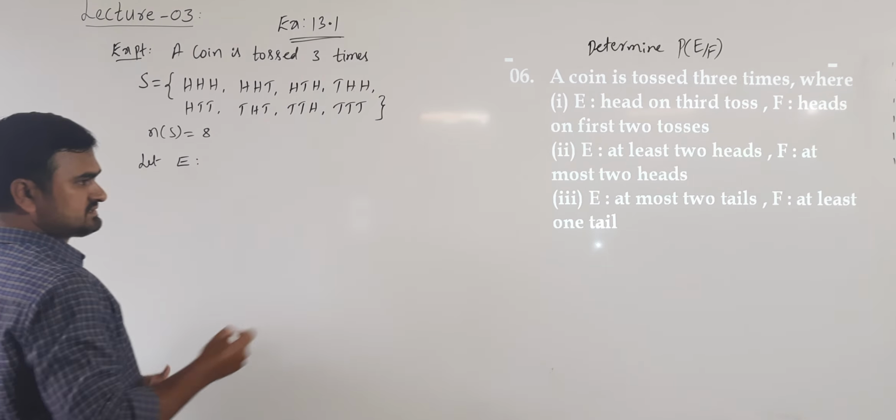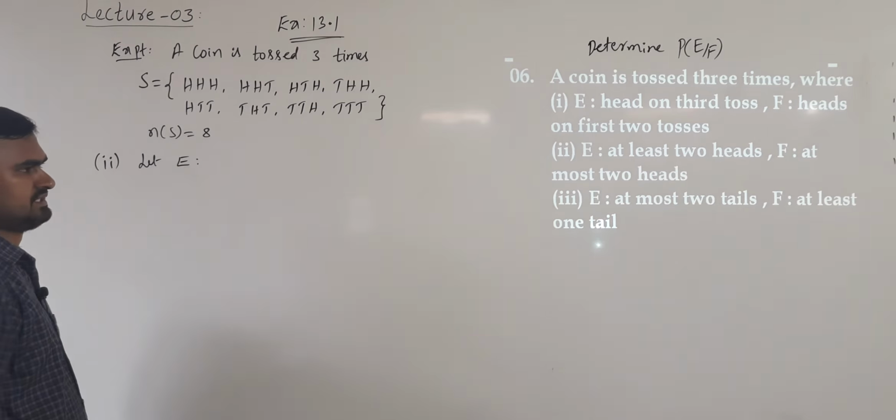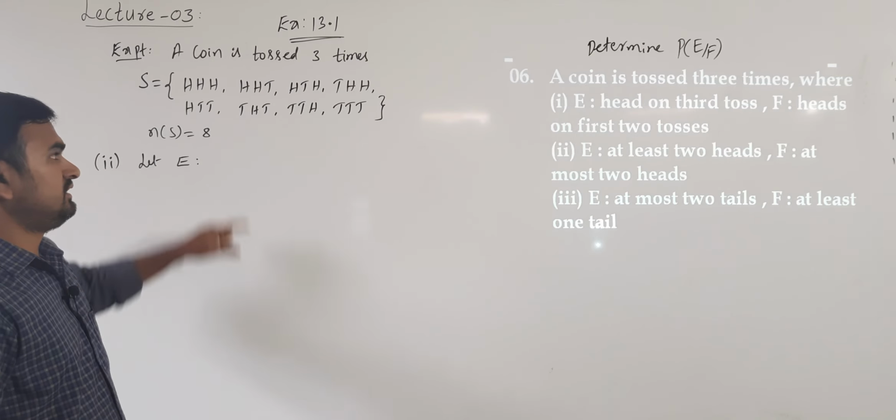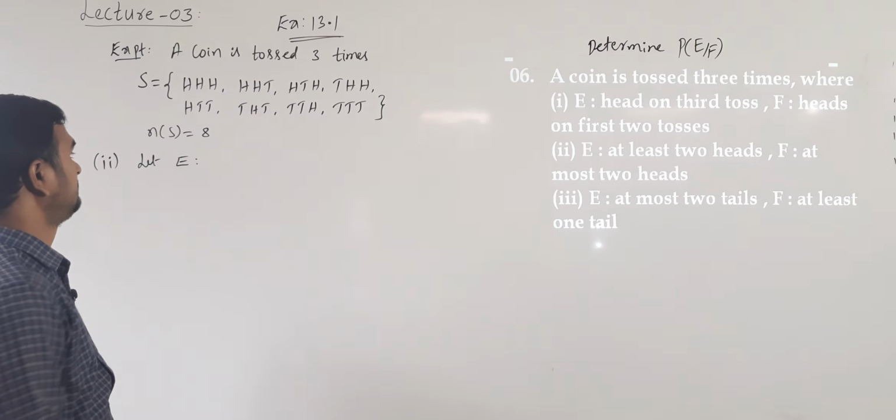I will solve second case, you can solve the third case similarly. So second case, again the experiment is same, so sample space is always same for the given experiment.